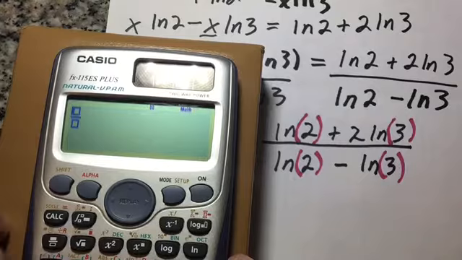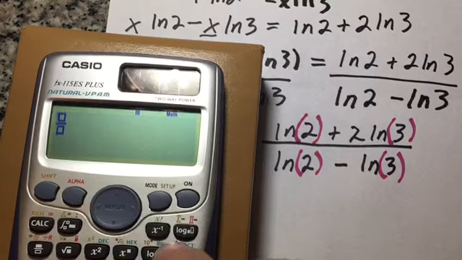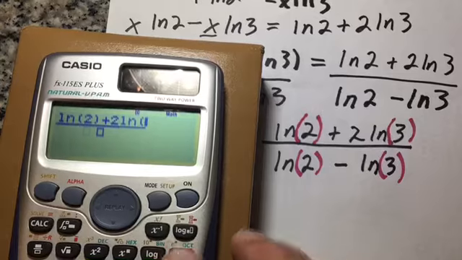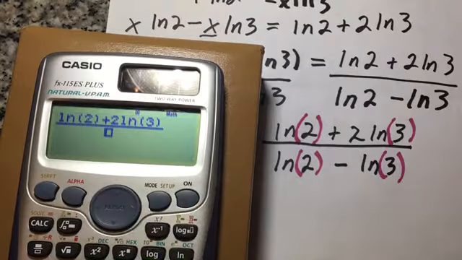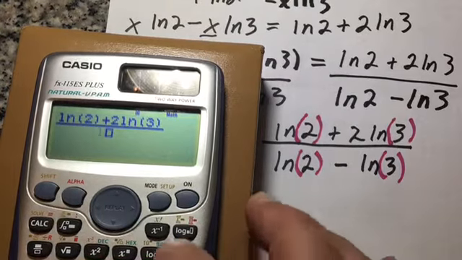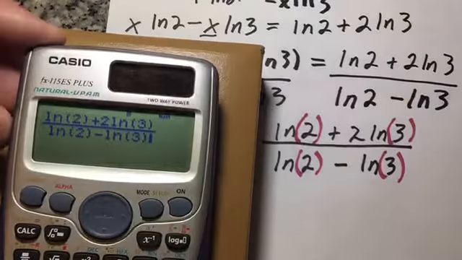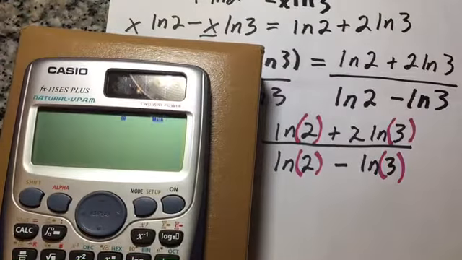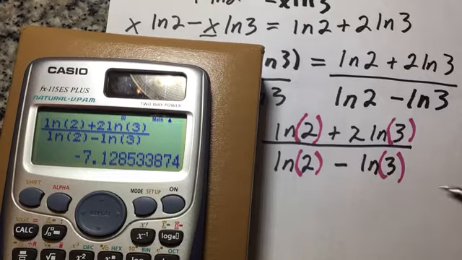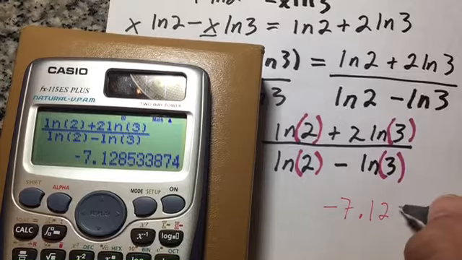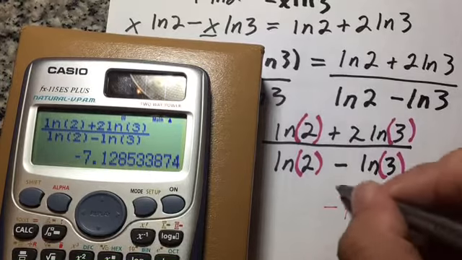Hit the fraction bar. ln2, close the parentheses, plus 2 ln3, close the parentheses, down arrow. ln2, close the parentheses, minus ln3, close the parentheses. Hit equals. I'm going to take this out to 4 decimal places. Negative 7.1285.